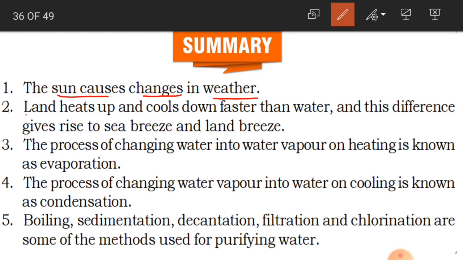And the second one is land heats up and cools down faster than water, and this difference gives rise to sea breeze and land breeze. Why do we get this? Because land heats up and cools down faster than water.